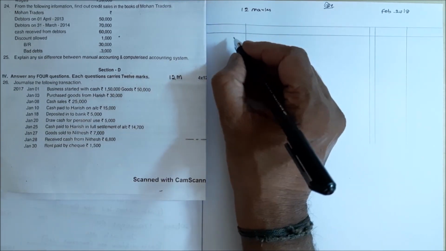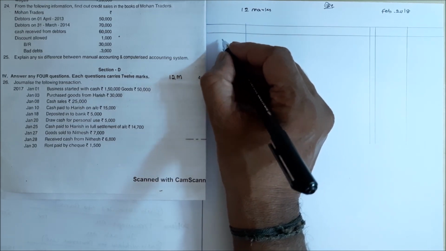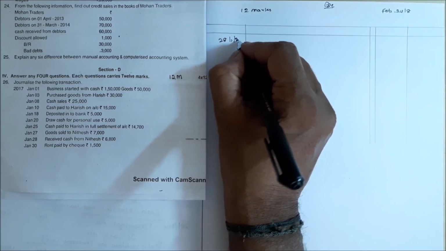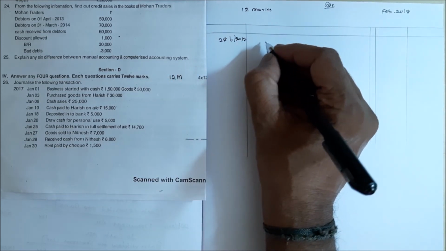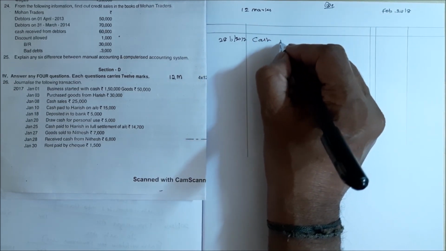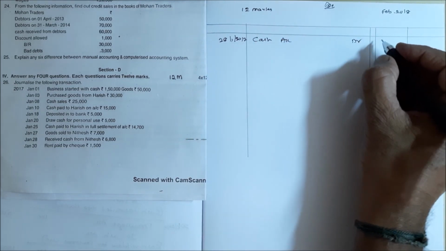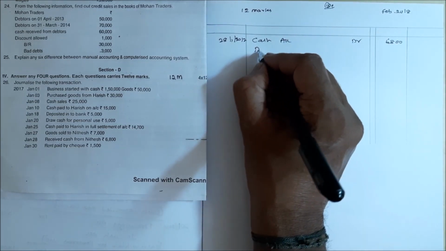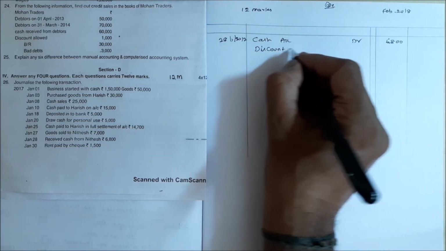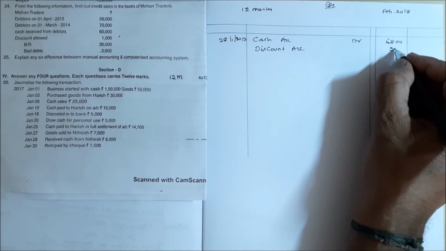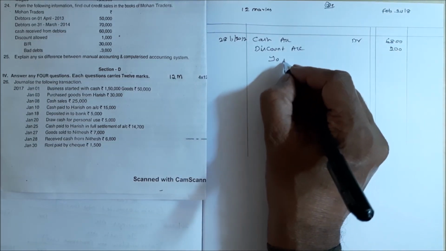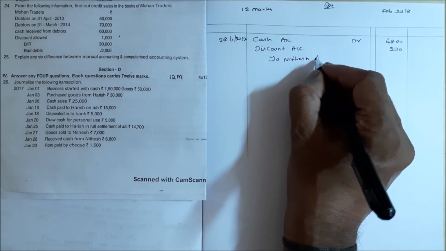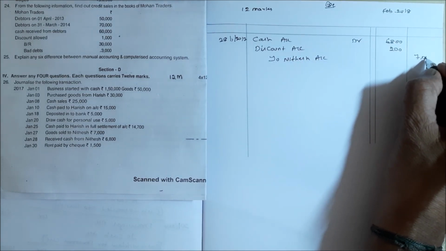So what is the journal entry we have to write? 28/1/2017 cash account debtor 6,800, discount account debtor 200 to Nitesh account 7,000.